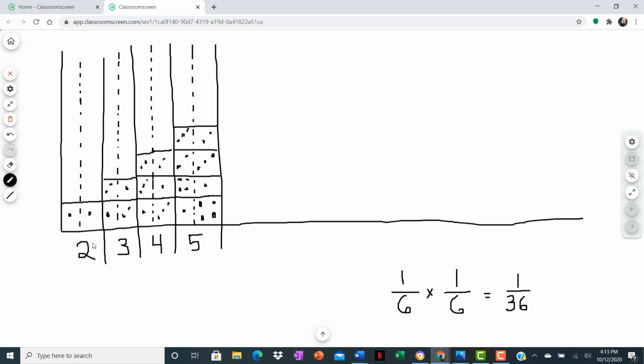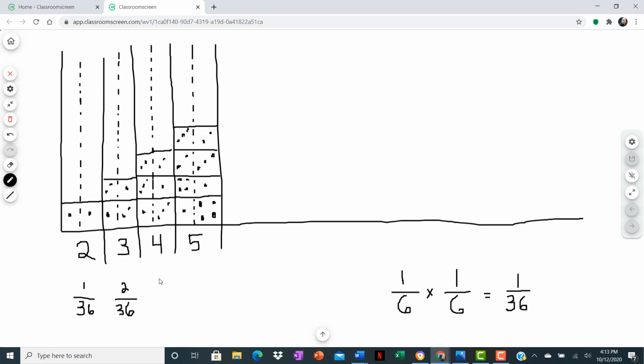So how does this look represented from a fraction standpoint? Well, we have a 1 in 36 chance of rolling a 2. We have a 2 in 36 chance of rolling a 3. I realize you could reduce this a little bit, but nonetheless.